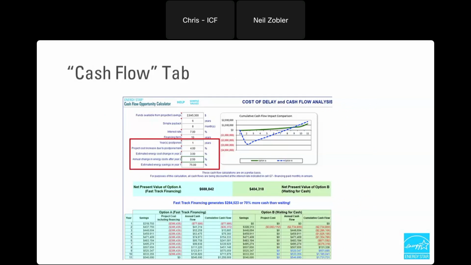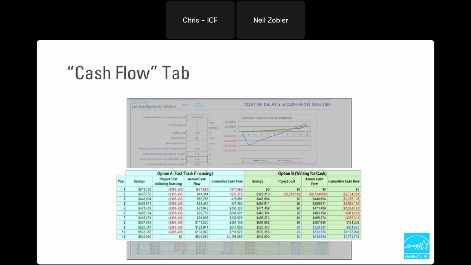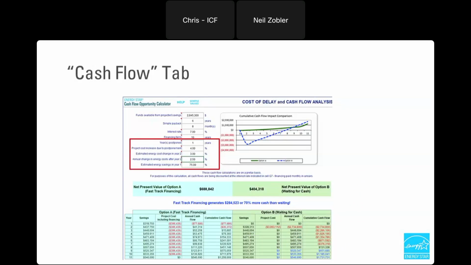Now, the cash flow tab, this happens to be one of my favorites, is one which gives us the opportunity to compare doing it now or waiting until later. Now, this is truly the cost of delay. In order to do that, we need to add some additional information here. Over here, it looks a little small on my screen.